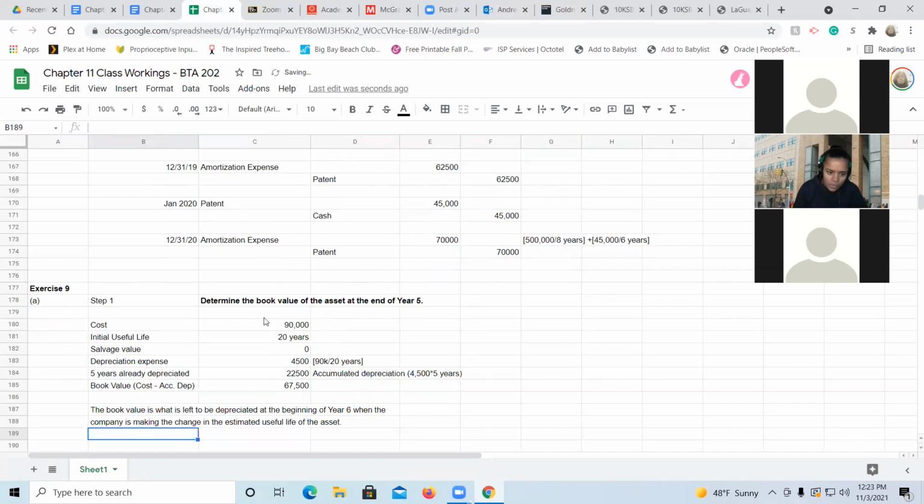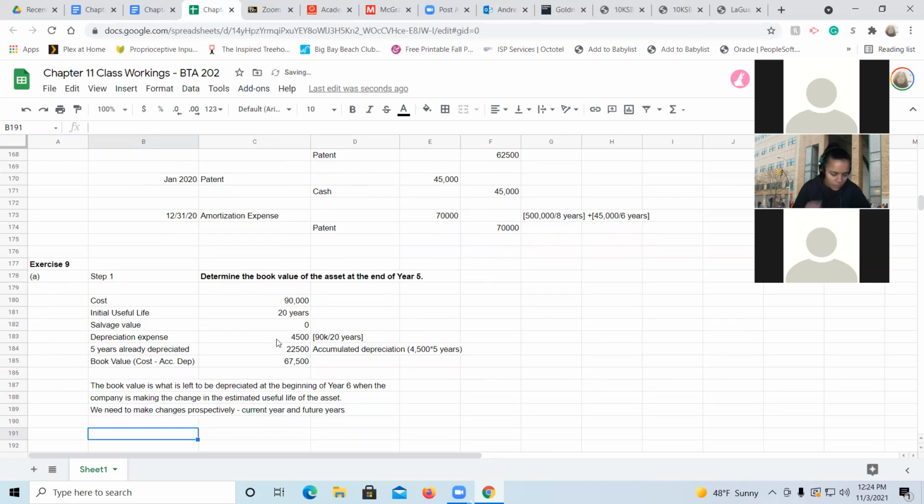Okay, so we don't go back and say, oh, the useful life is now 30 years, so let's go back to 90,000 and divide it by 30 years and change everything from the beginning. You're not supposed to change. It's prospective, right, from the current year and moving forward. So everything that happened in the past is gone, right? We need to make changes prospectively, right? That's important. Current year and future years. So you don't go back, you just move forward with this.